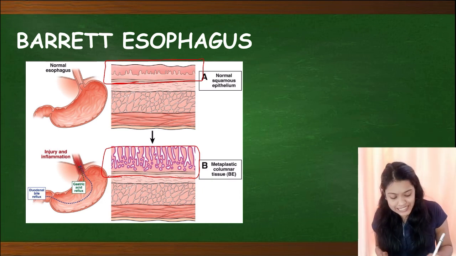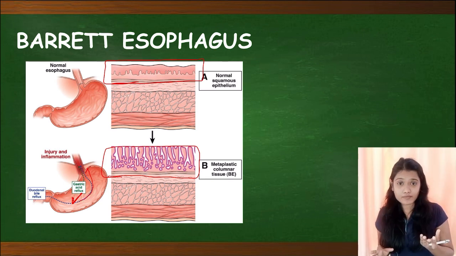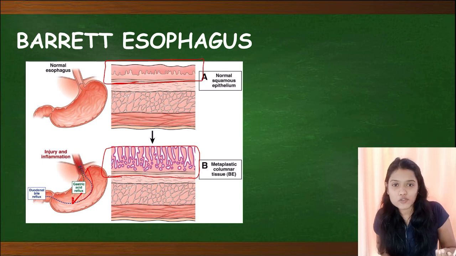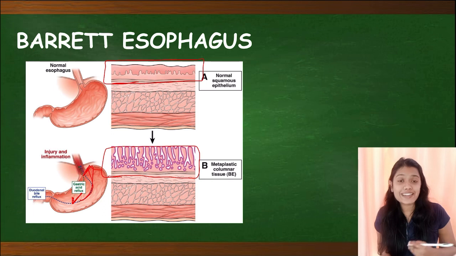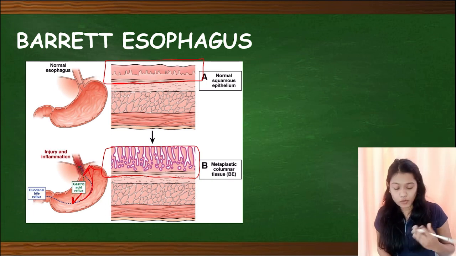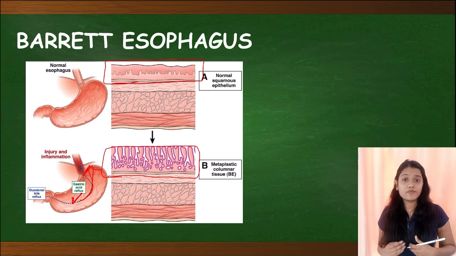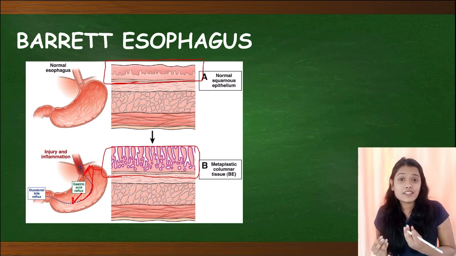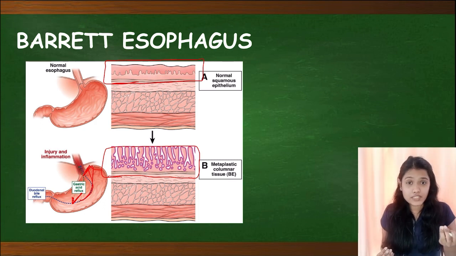The stomach is acidic, so the acid goes back into the esophagus because it is a complication of GERD. It starts damaging the mucosa of the distal esophagus.